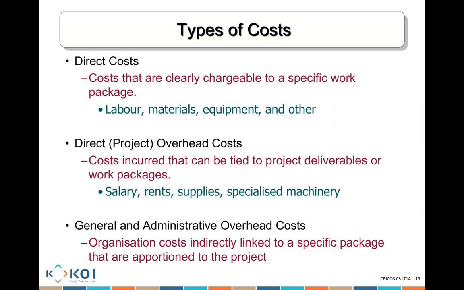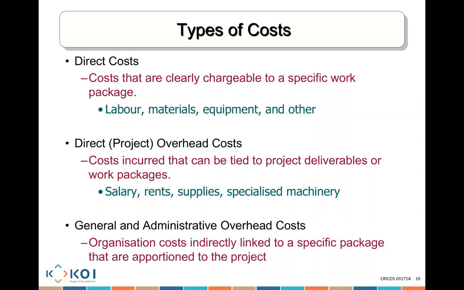That's my labor. I need to include it. I need to buy the software to test the actual computer. Buying the software is a cost that I need to incur to get the job done. It's a direct cost associated with specific work on a specific work package.